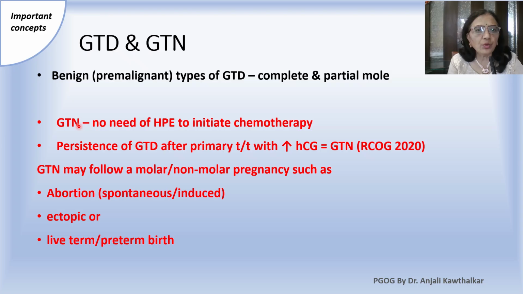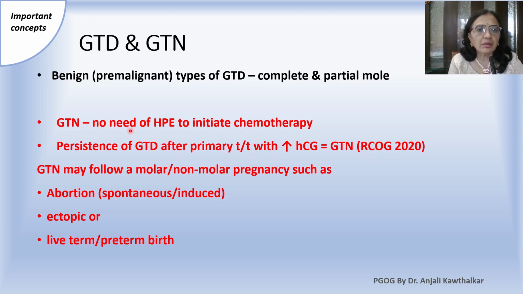Gestational trophoblastic neoplasm is one of the rare malignancies where there is no need of histopathological examination to initiate chemotherapy. As we all know, for example, for ovarian malignancy or any other malignancy, if we want to start chemotherapy, radiotherapy, or plan any major surgery, also radical surgery, we need to have a histopathological diagnosis.